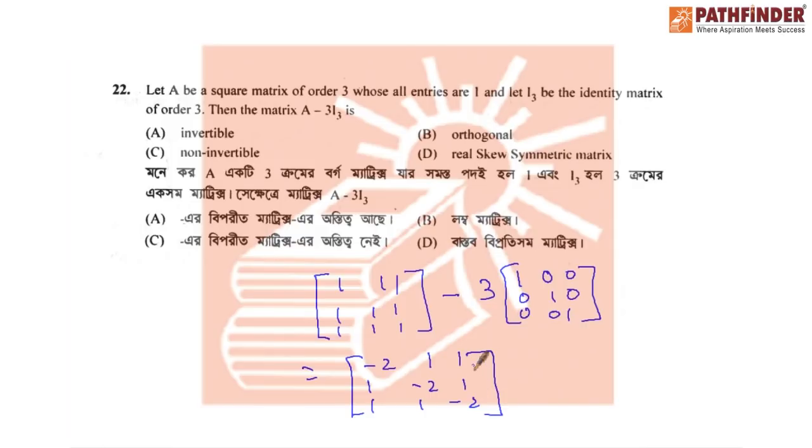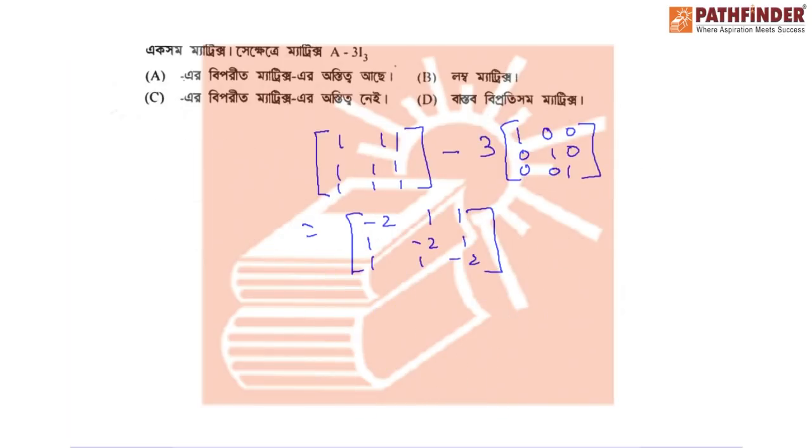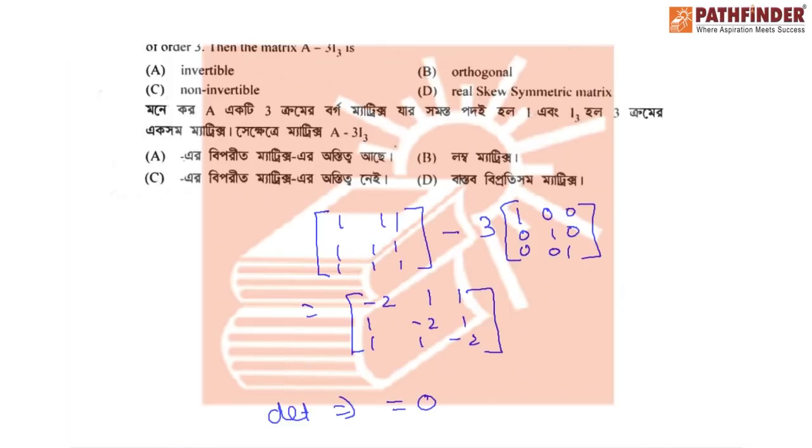Now if you calculate the determinant of this, determinant is equal to 0. Since determinant is 0, that means it is non-invertible. We cannot find its inverse.